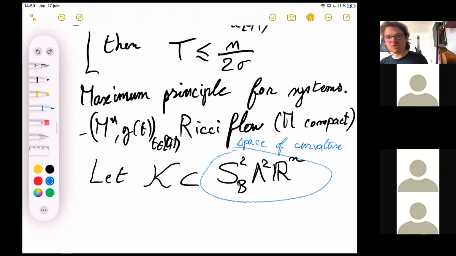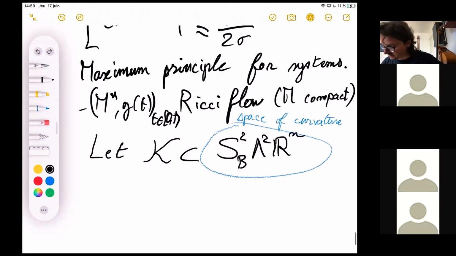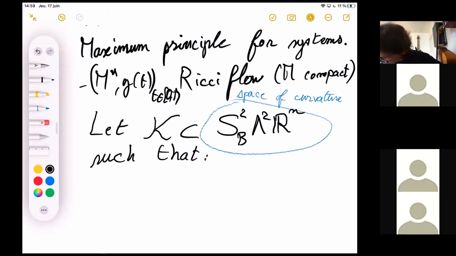So this is a 4-tensor on R^n which has the same symmetries as the curvature operator. I take a set of such tensors and ask for it to verify the following condition: K is closed and convex.